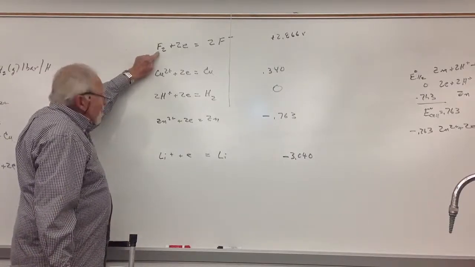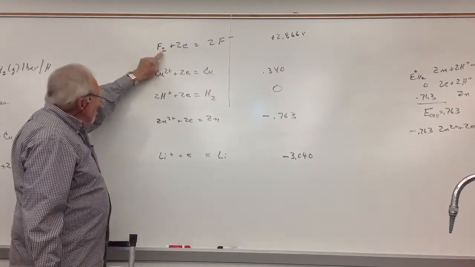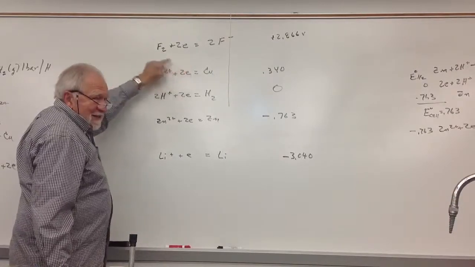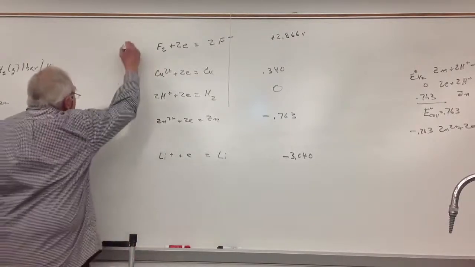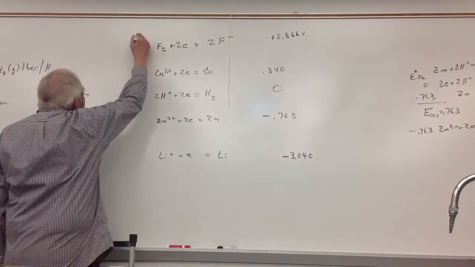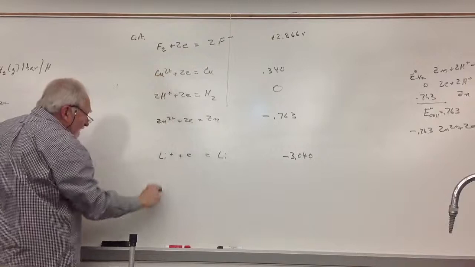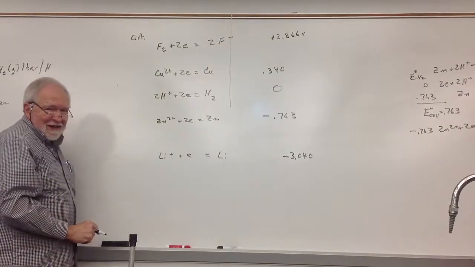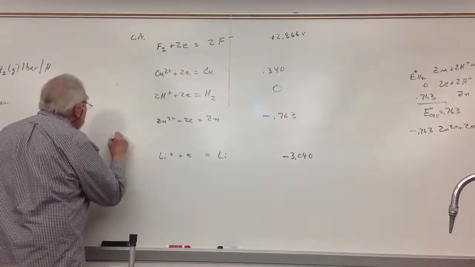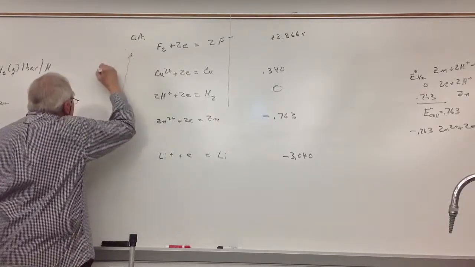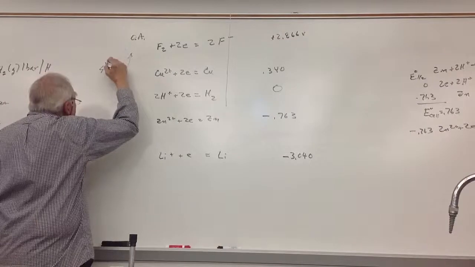What is this called? Is it a reduction half reaction? It's called an oxidizing agent. So things here are oxidizing agents. And your book doesn't put this in, but most books do. Strength.